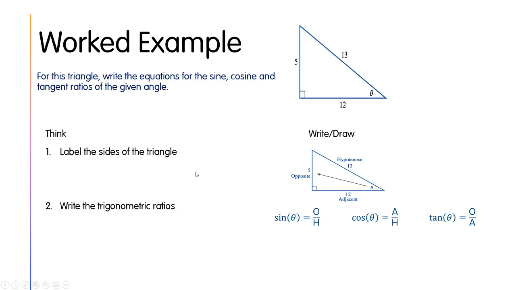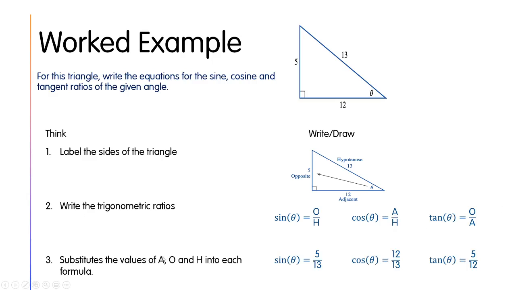I then write down the ratios. So sine equals opposite over hypotenuse, cos is adjacent over hypotenuse, and tangent is opposite over adjacent. So, SOH CAH TOA. And then I just substitute in those values that I've got there into the correct positions.